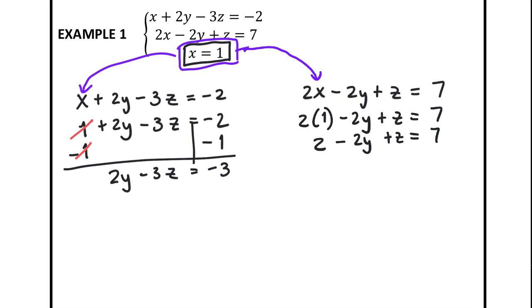Then I want to move all the numbers to one side, so minus 2, minus 2. It's going to cancel these two. Bring down the negative 2y plus z equals 7 minus 2, 5.